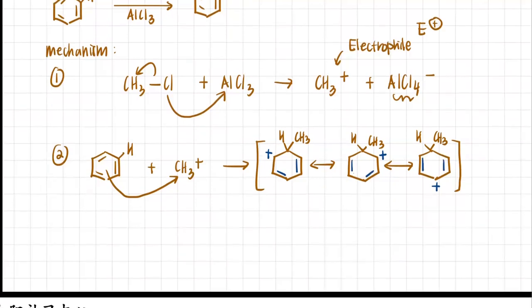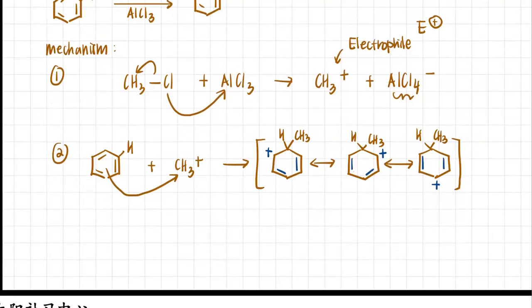And the last step is to neutralize the charge. You take any of these resonance structures with you, and then react with your electron carrier. We have one electron carrier there.